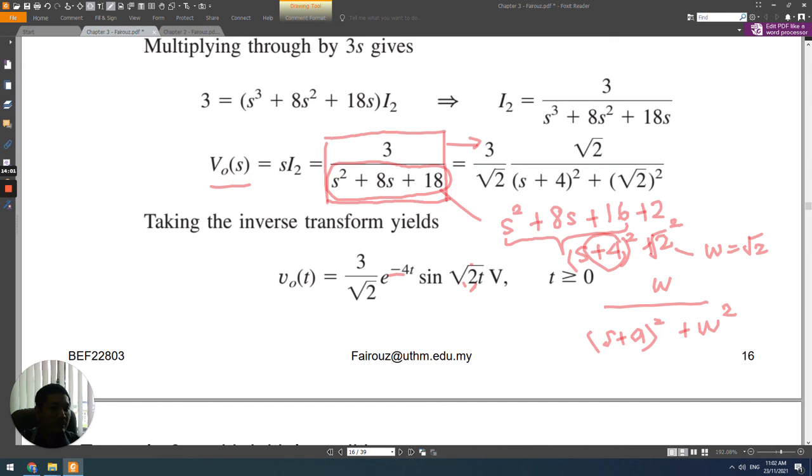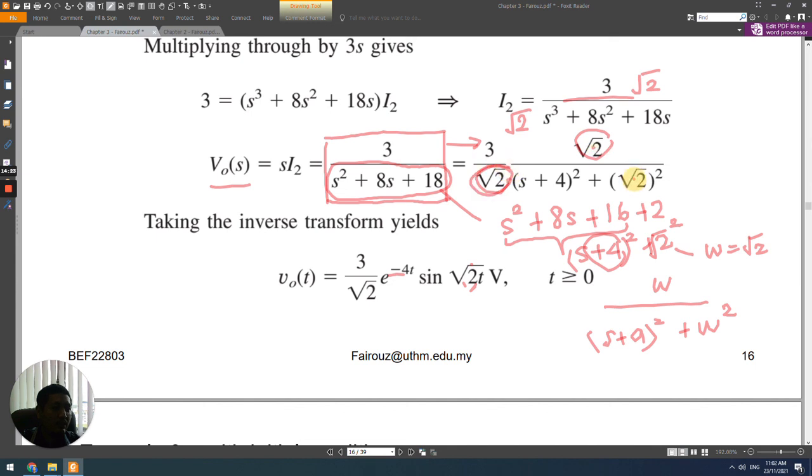Then the value here, since we don't have square root of 2, we can put square root of 2 up here, and to compensate we have to put square root of 2 here as well.